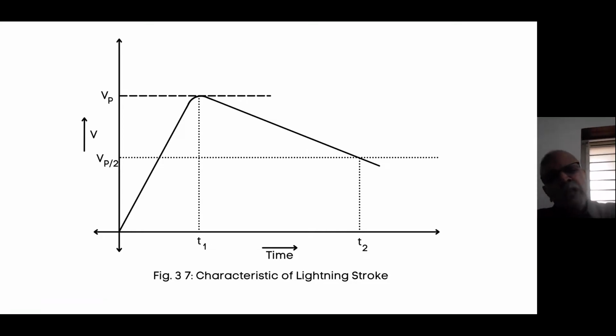Then it will go on diminishing, and the complete lightning stroke will diminish within about 1000 microseconds. That is 1 millisecond. So within 1 millisecond, no relay will operate. So even if you are grounding using the ground wire or something, you are grounding the electricity only for 1 millisecond.